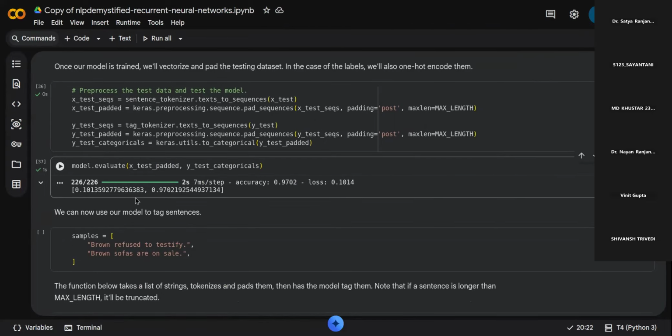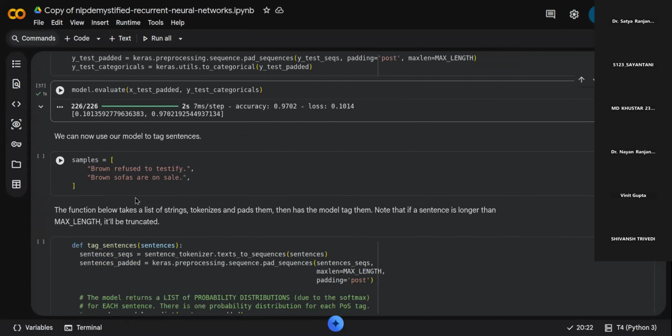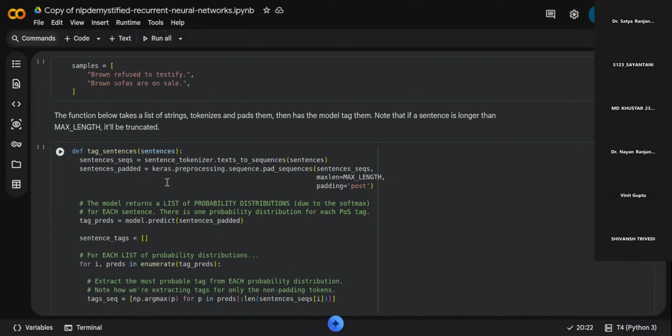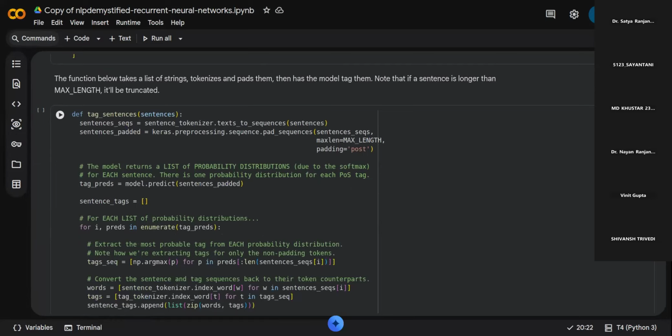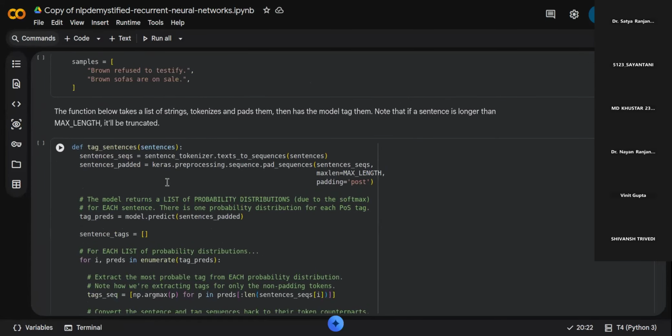Now to check whether it is working or not, let's say I have two sentences, the sentences which we have used in the presentation: Brown refused to testify, brown sofa are on sale. Let's see whether it is correctly classifying this brown or not. For that, I have created a function which will infer or output the given input.